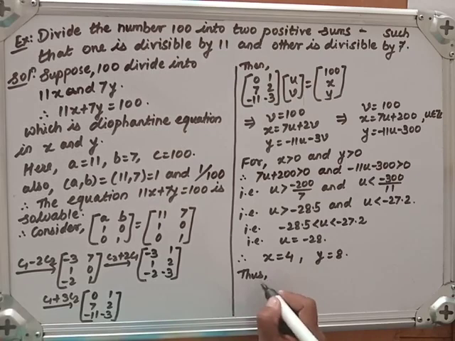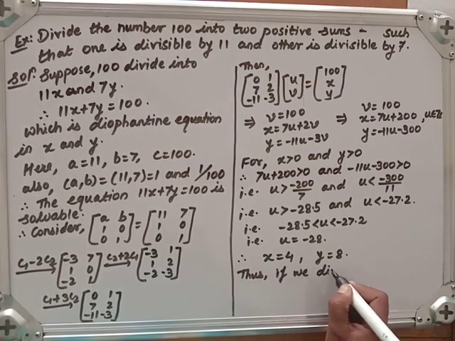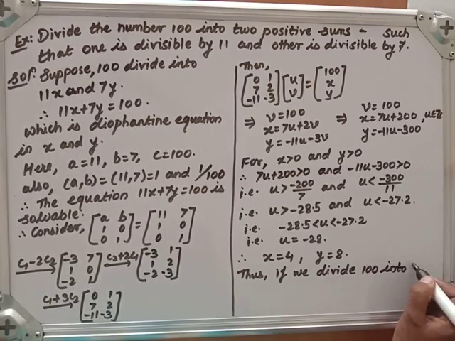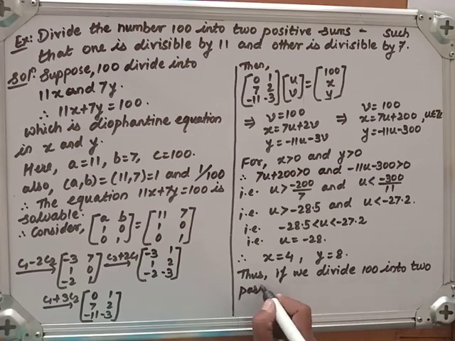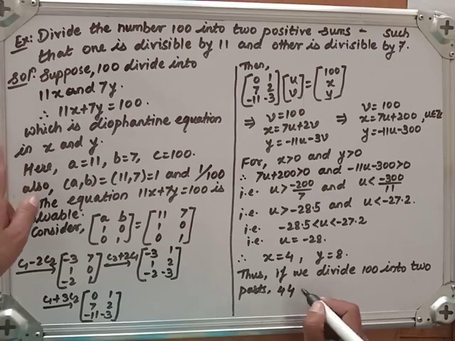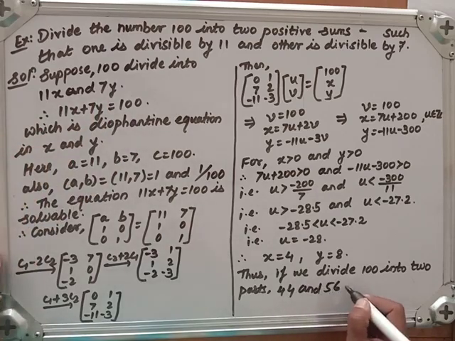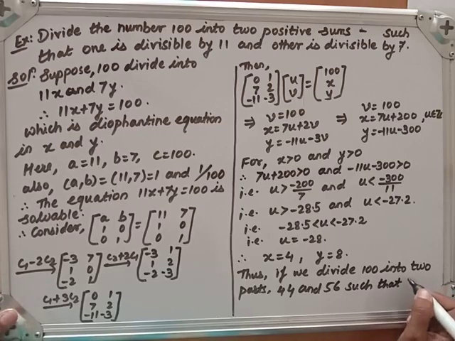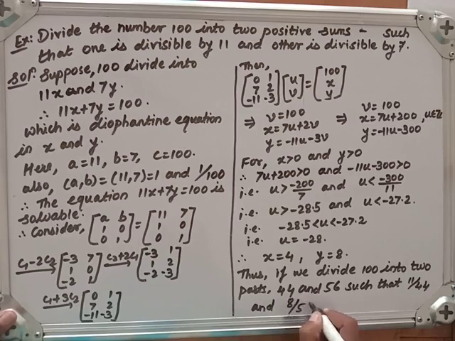Thus if we divide 100 into 2 parts, that are 44, I will put x here, 11 for the 44 and 8 here, so it will be 56, such that 11 divides 44 and 7 divides 56 is the required condition, which will be satisfied. Now let's go for the next example.